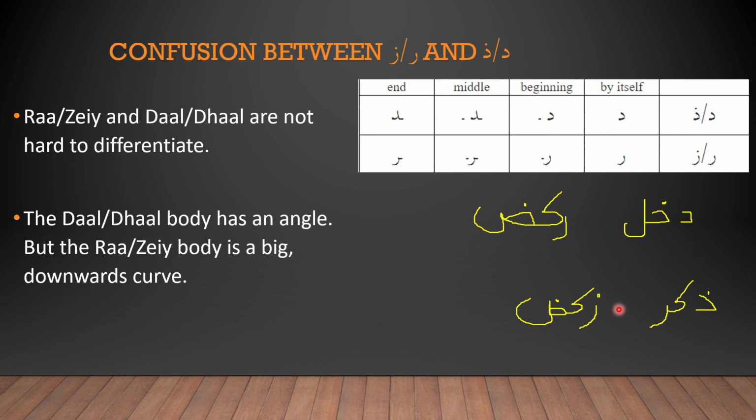So as we can see here, Dal and Zal are completely different from Ra and Zay. In the middle versions, we see that their difference is pronounced, but the only confusion comes in the beginning version. So, to help us differentiate between the beginning versions, we saw 4 examples of Dal, Zal, Ra, and Zay.